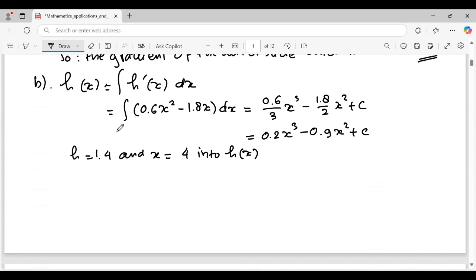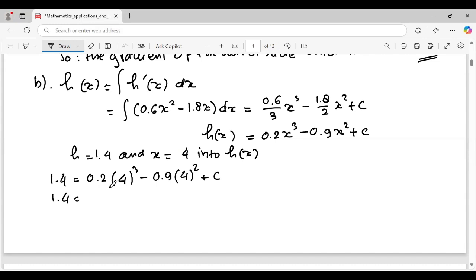So it means 1.4 equals 0.2 times 4 cubed, minus 0.9 times 4 squared, plus c.